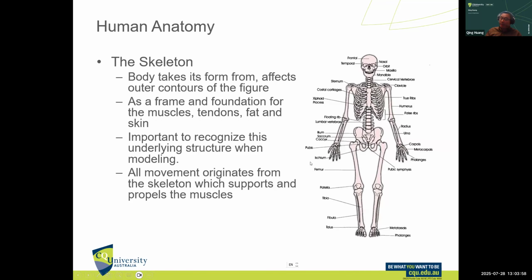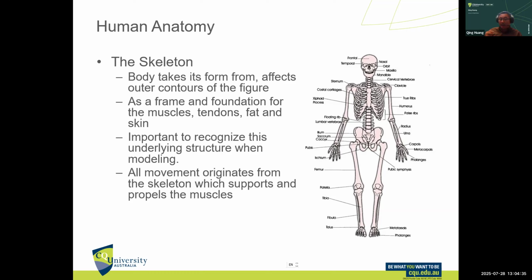All right. But to go deeper, you also have to know quite a bit more about the human skeleton, because that's the scaffold of the human form, and it actually underpins it at the core. So the body takes its form from the skeleton, and the skeleton affects the outer contours of the figure as a frame or foundation for the muscle, tendons, fat, and skin.